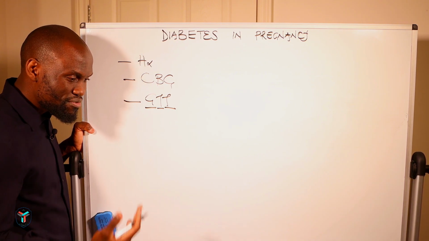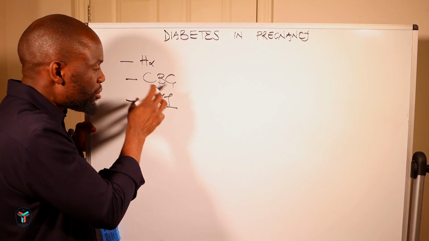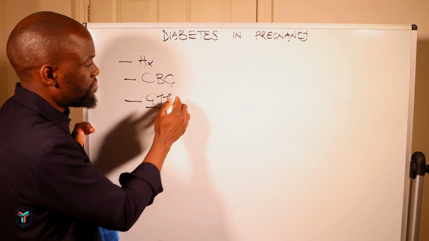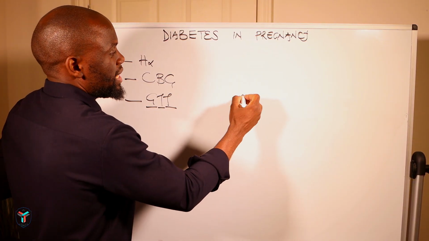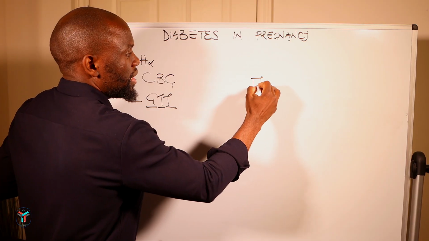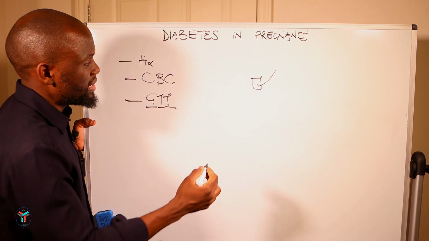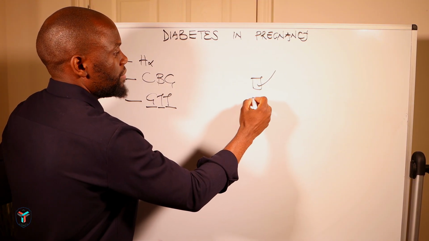You just want to find out how the body of this woman responds and tolerates when it is given some glucose. In most cases, you make them fast, maybe overnight, and in the morning they come in and you do a blood test. So you collect blood and send it to the lab for analysis, and then you give them a sugar.